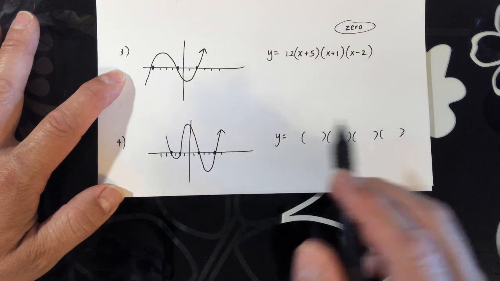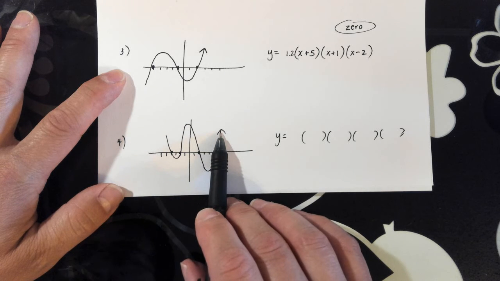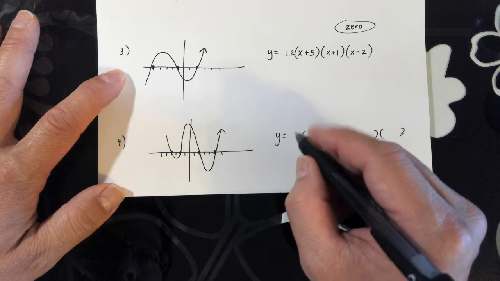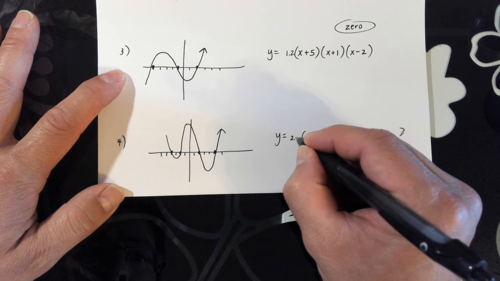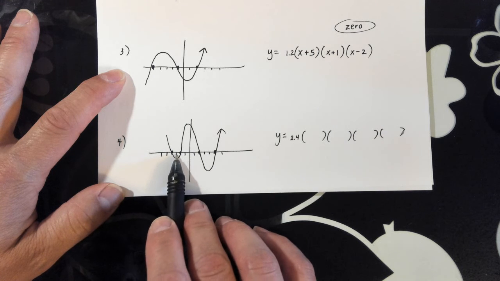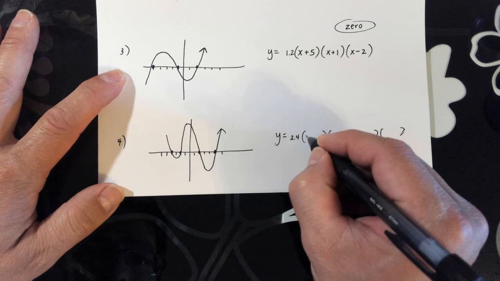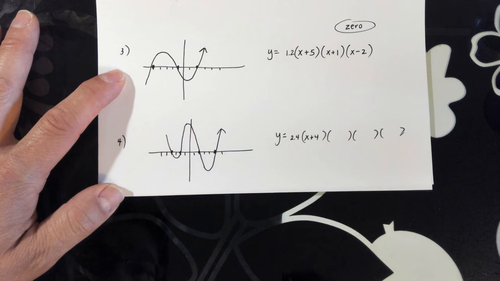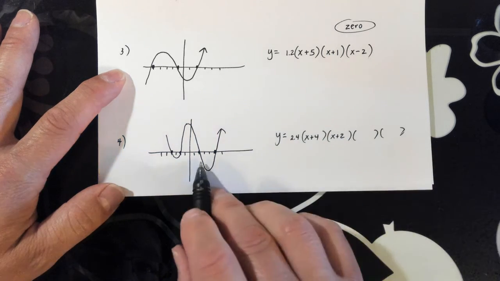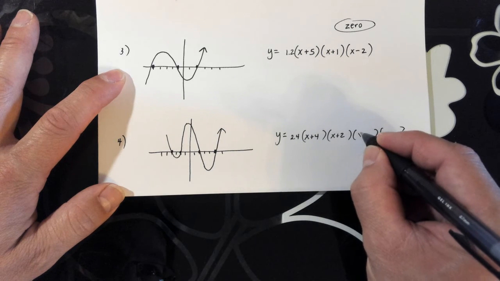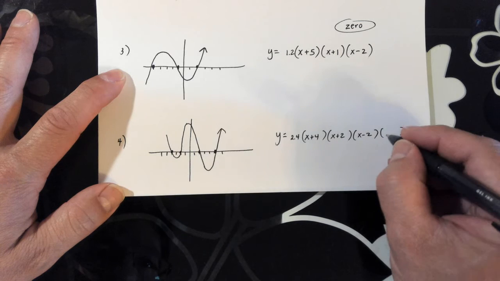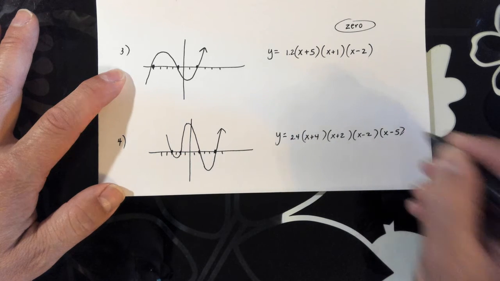Leading coefficient is positive, so pick a positive number, 2.4, whatever, and then that is negative 4. X is negative 4, so the first factor is x plus 4, that's x plus 2, x minus 2, my bad, and then that's positive 5. So this must be x minus 5. There you go.